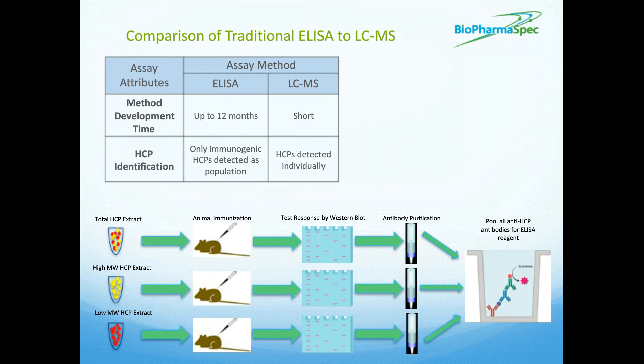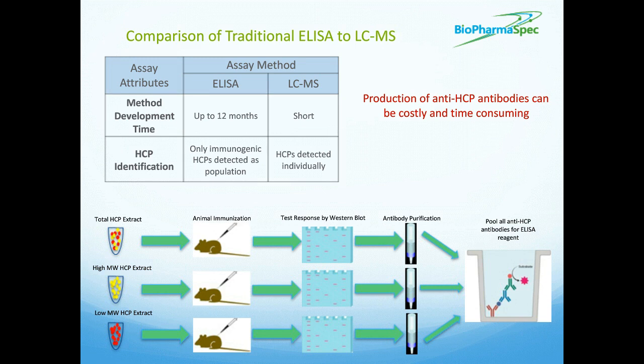In comparison to the short method development time of LC-MS, the production of anti-HCP antibodies for ELISAs is often time-consuming, and because they are multi-step processes, as you can see in the image below, that rely on biological molecules, the lot-to-lot variation needs to be carefully monitored. Another feature is that HCP ELISAs don't currently offer HCP-specific identification.